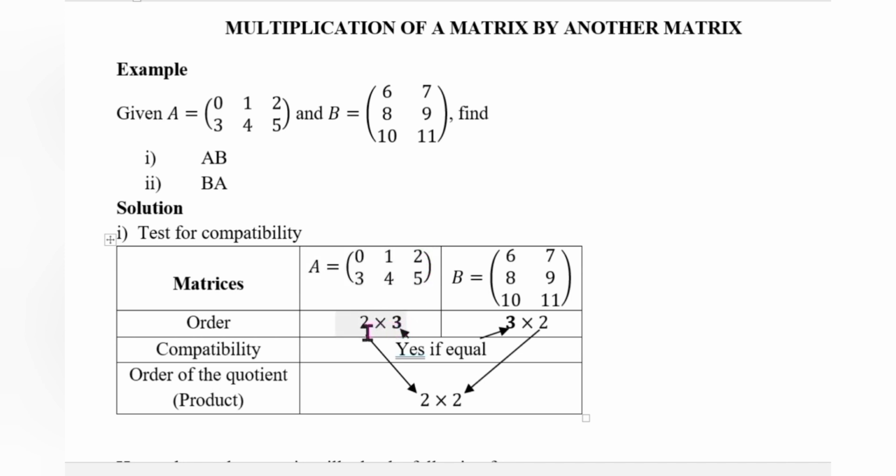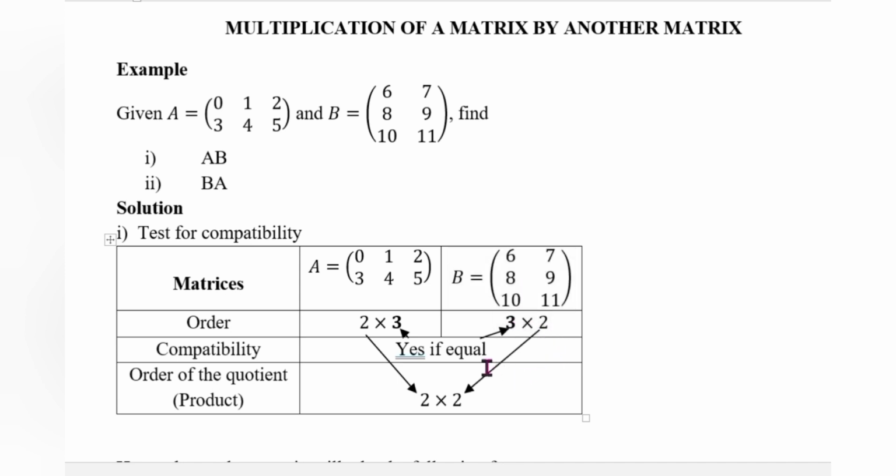Therefore, it is of order 2 by 3. Similarly, matrix B has 3 rows and 2 columns, and that's why it's of order 3 by 2.